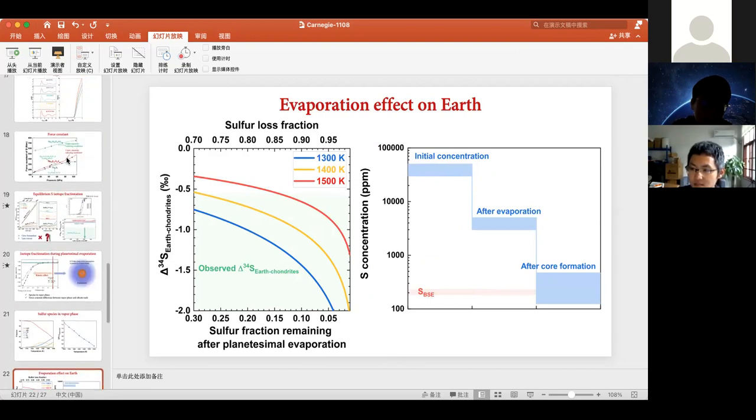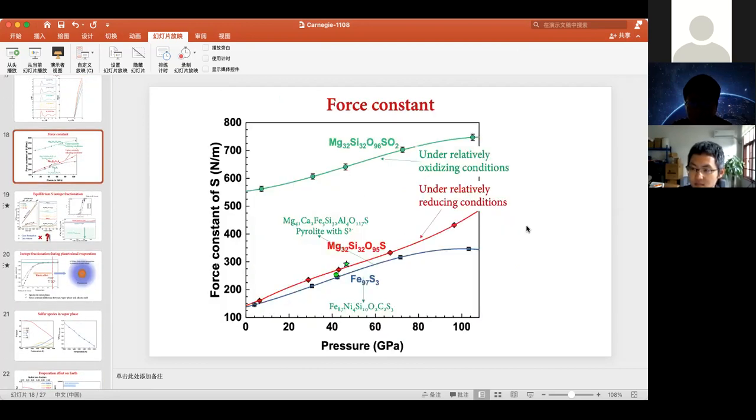In our calculations, we use this sulfur bearing silicate or metal melts, which have a very high sulfur abundance, as you mentioned before, because we have lots of problems in doing simulations for very large systems. This is all we can do now.